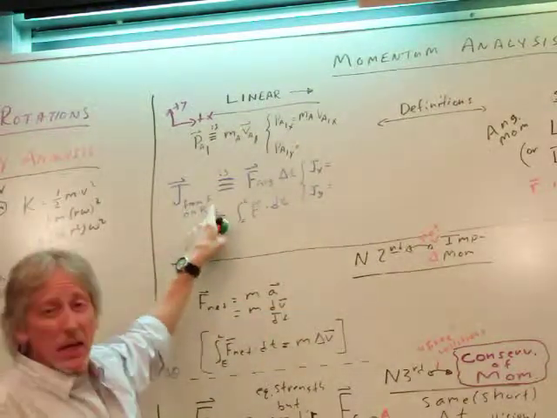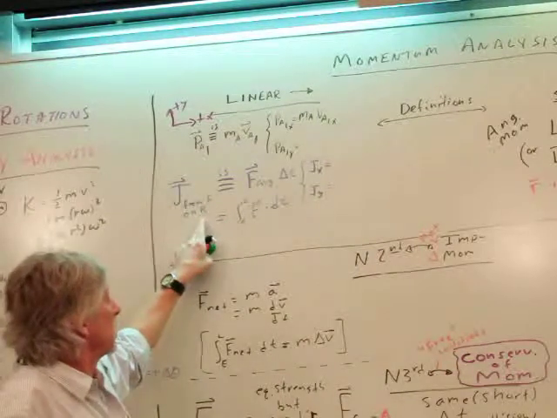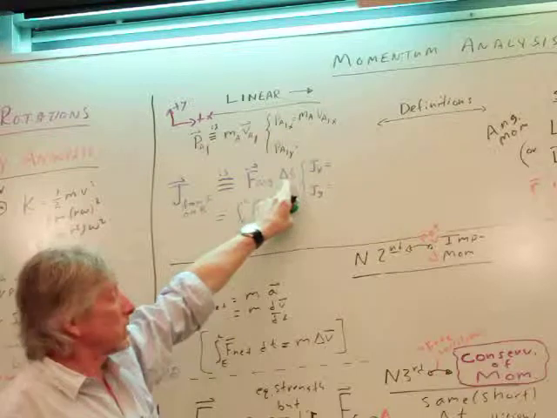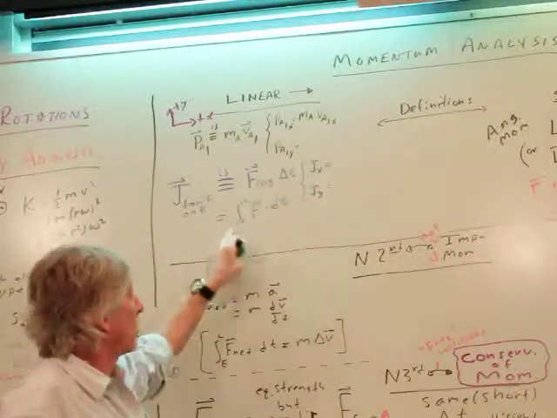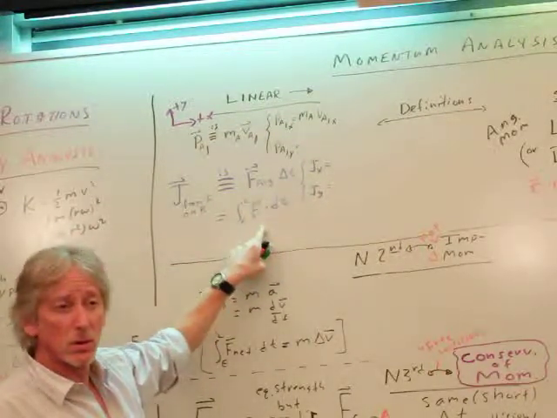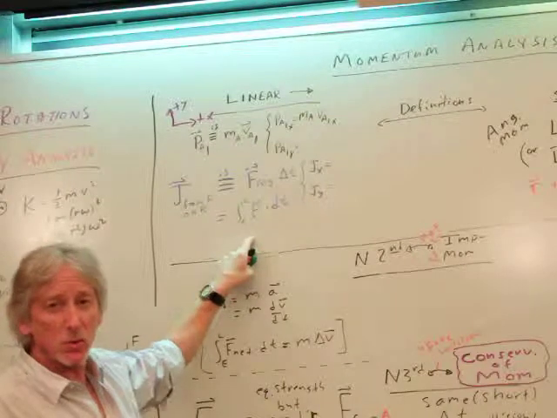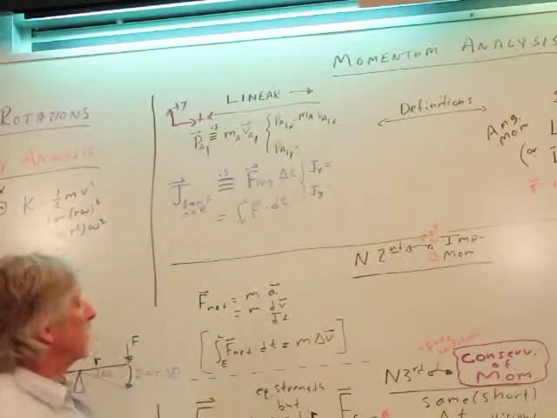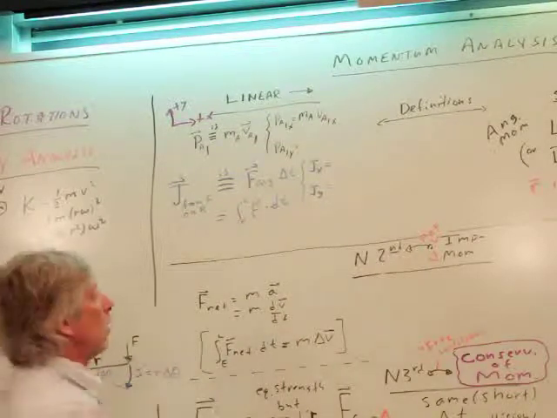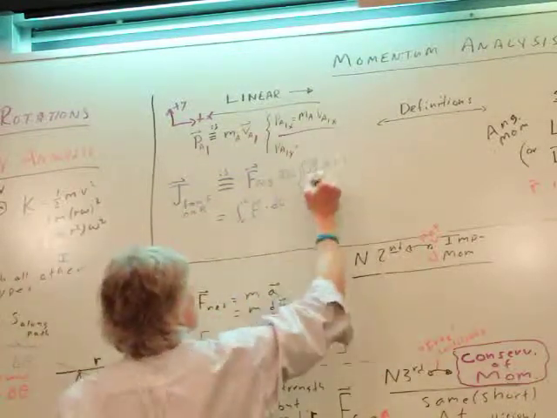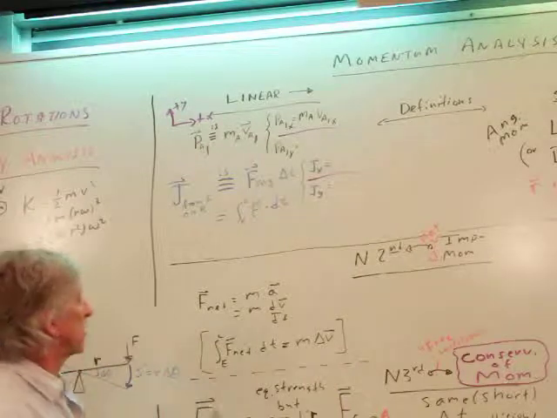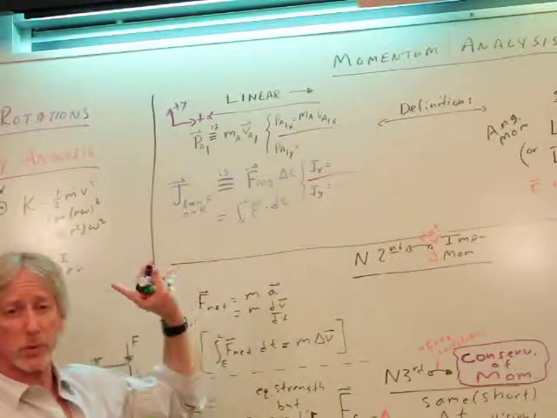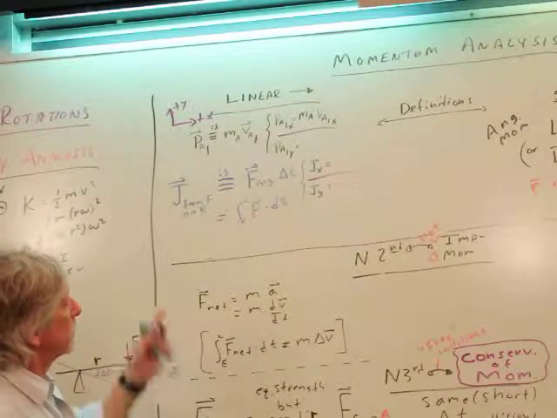So the impulse from any force on an object is, by definition, the average force over the time, or you can write that as an integral, or the graphical area between the force curve and the t-axis, however you do that. But remember that you've got to break vectors into parts. So impulse has an x component and a y component. Okay, so it's like that.